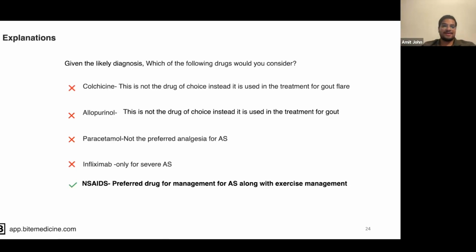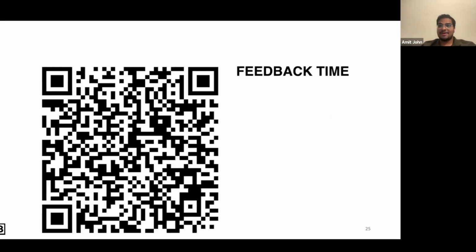So these patients tend to suffer quite a lot. Paracetamol is not going to do much, especially for ankylosing spondylosis, and allopurinol and colchicine are mainly used for gout, so they don't really have a role here. And yeah, that's about it.